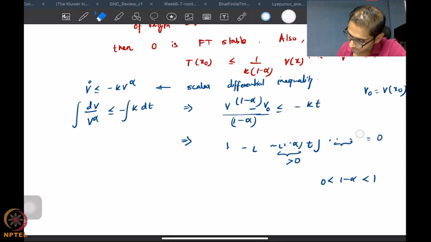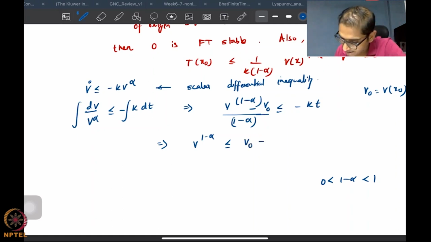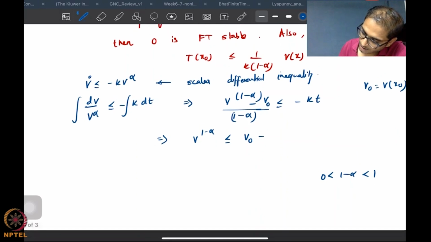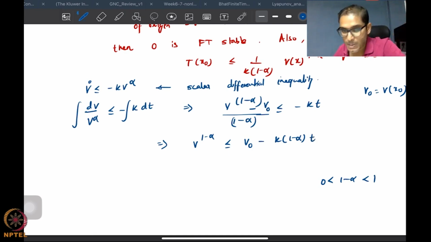So in fact, I'm going to erase this and rewrite this carefully, because I'm going to have V to the power 1 minus alpha is less than or equal to V0 minus K times 1 minus alpha to the power T. Correct.